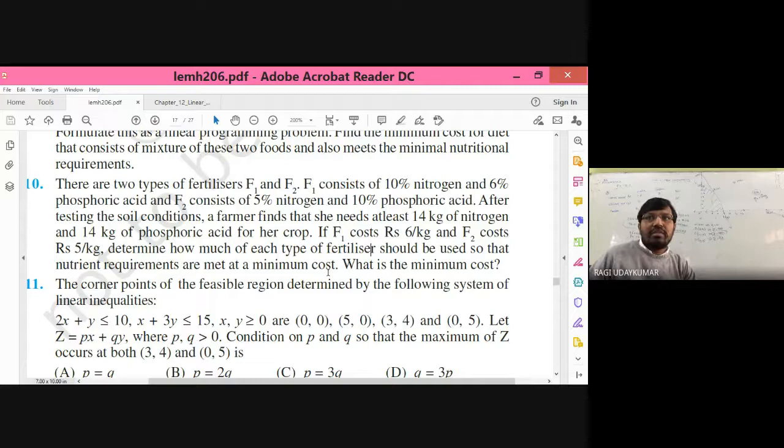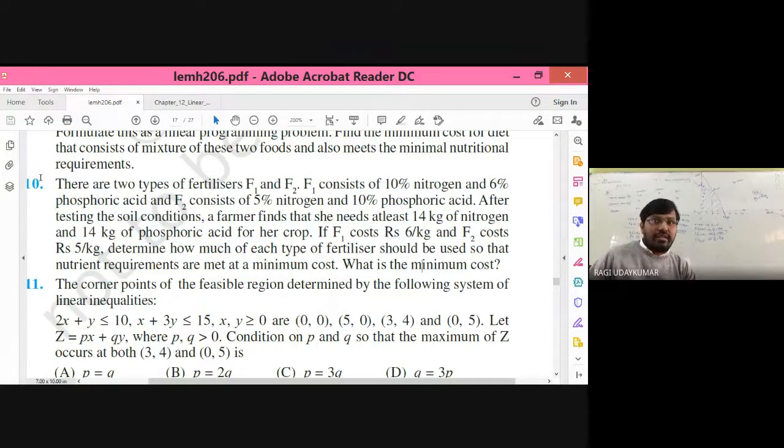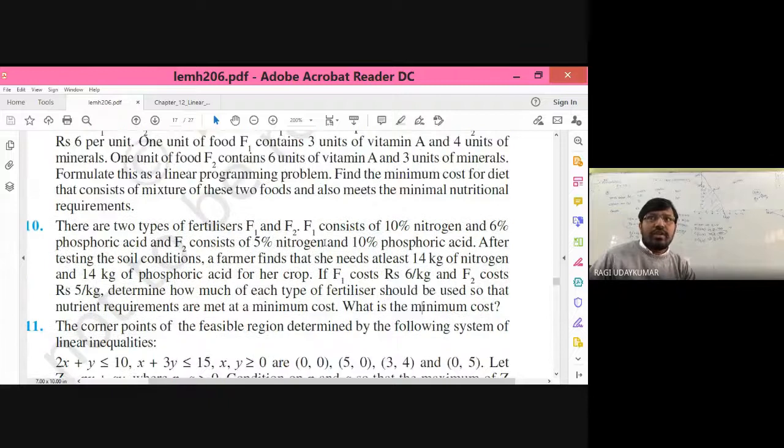Cost should be minimum. At least 14 kgs means minimum 14 kgs. Whenever the word at least is used, more than that can also be taken into consideration. So this problem is also an unbounded problem.